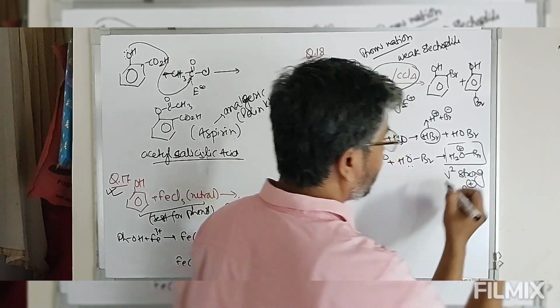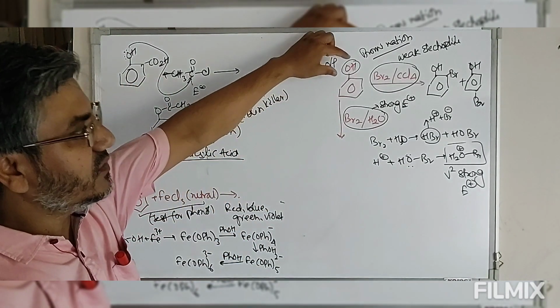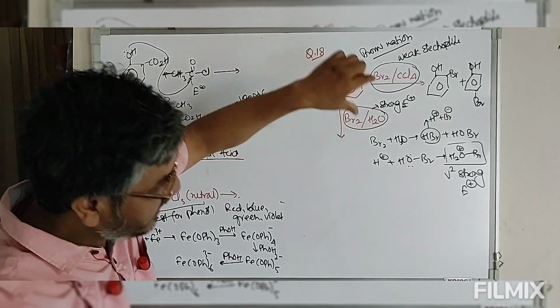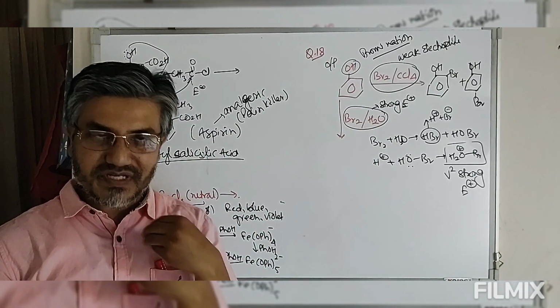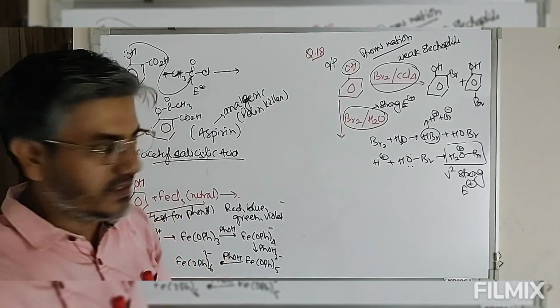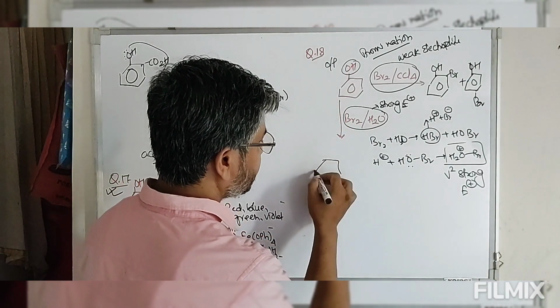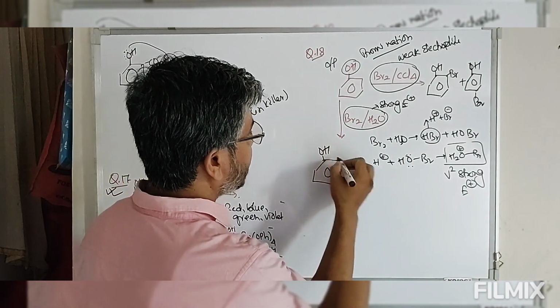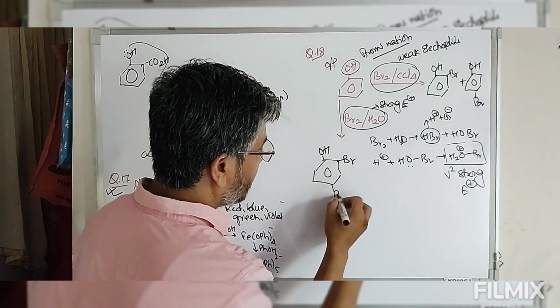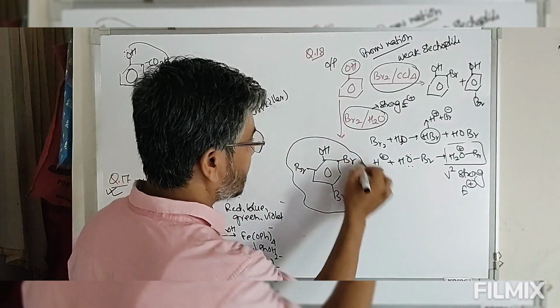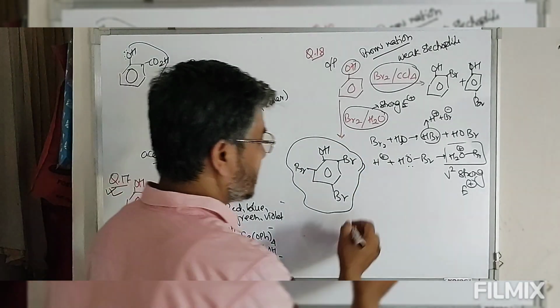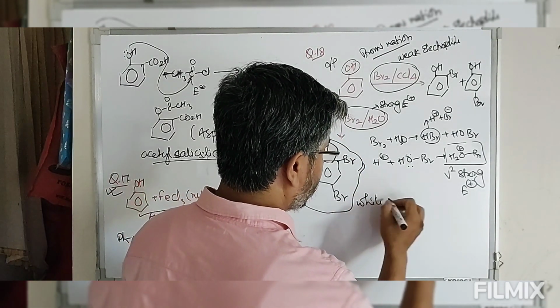So we have a strong activating group and a very strong electrophile. So all ortho and para positions will be brominated. That is, 2,4,6-tribromophenol will be formed, which is a white colored precipitate.